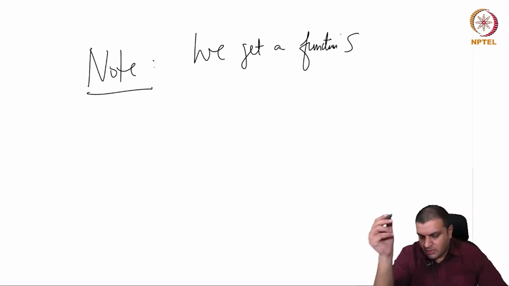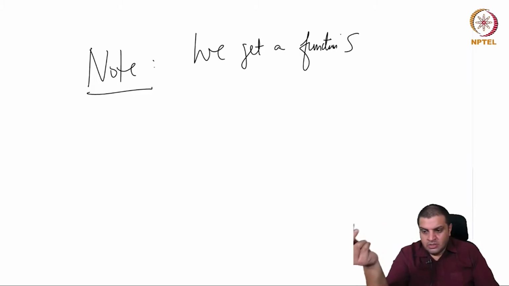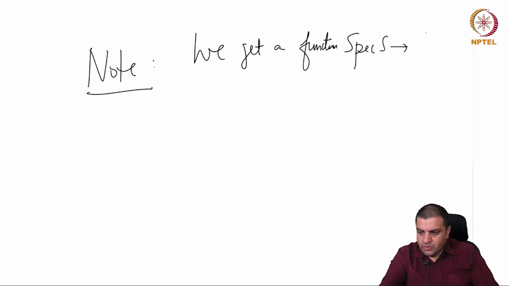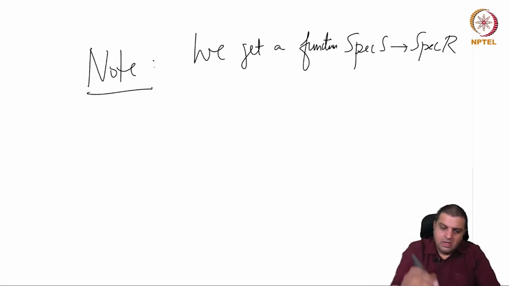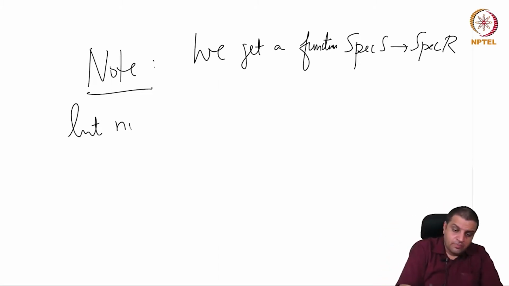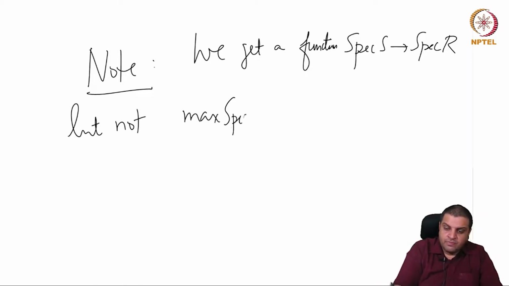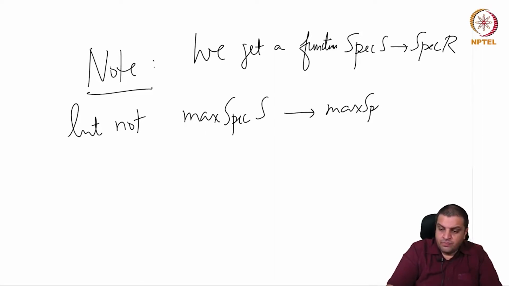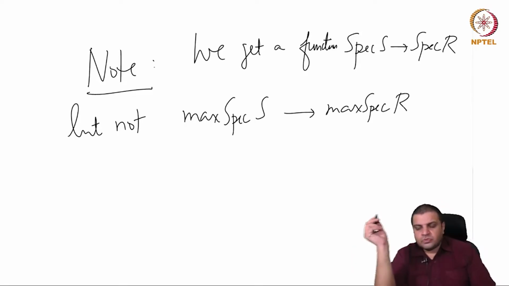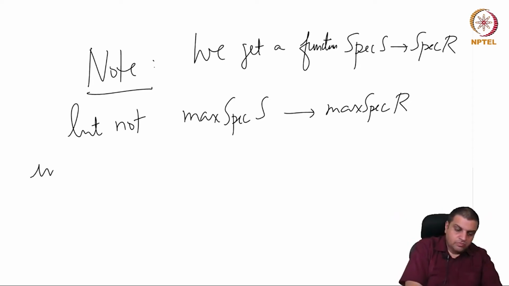Actually, using the Zariski topology, it's even a continuous function. But in general it is not a map from MaxSpec S to MaxSpec R.